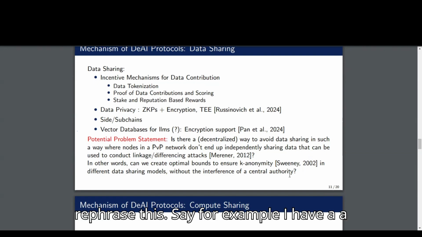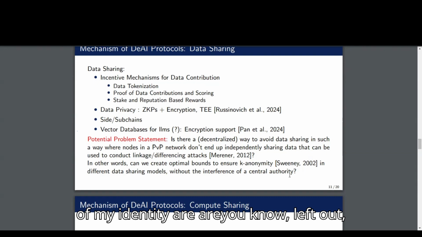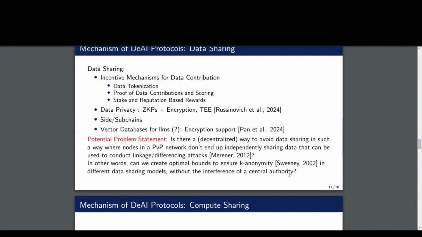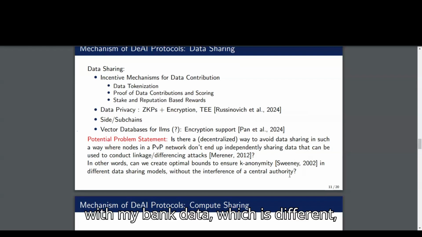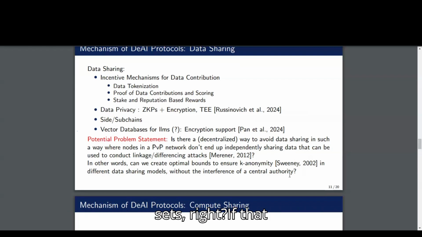Say, for example, I have a node who wants to share data, which is very personal to me, but at the same time, the markers of my identity are left out, which is fine. But what if someone else shares a similar data set, which has nothing to do with my bank data, which is different, but at the same time, there's one factor that can be linked between those two data sets, right?